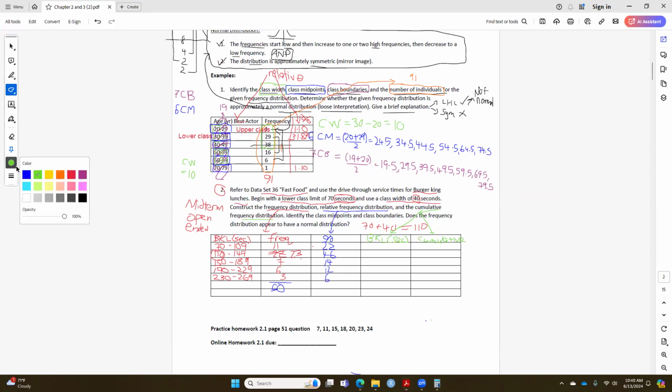The reason is that when you do the relative, the percentages that you calculate use the same classes as the frequency distribution. That means 22% of people wait in line for lunch from 72 seconds to 109 seconds, 22% of them. Okay, so 46 is this and so on. So the relative frequency uses the same classes as the frequency distribution.